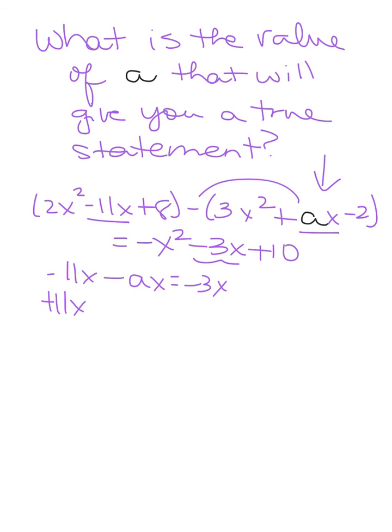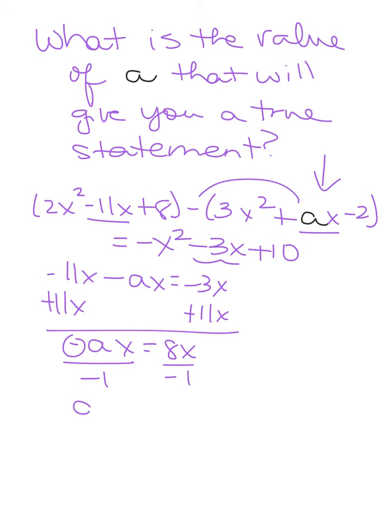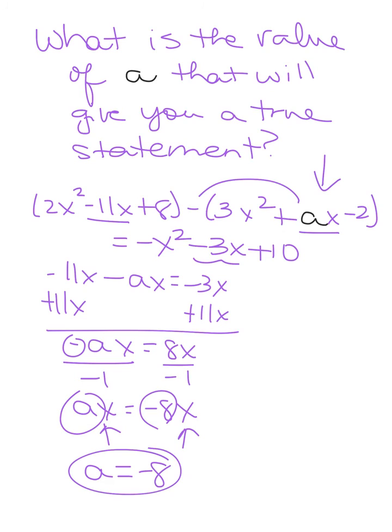So I'm going to add 11x to both sides. I have negative ax is equal to 8x. And now I don't want that negative sign, so I'm going to divide both sides by negative 1. And I have ax is equal to negative 8x. I can see my x's are the same. I could divide both sides by x, but I can see my coefficient in the front is negative 8. So I have a is equal to negative 8. That's my value for a.